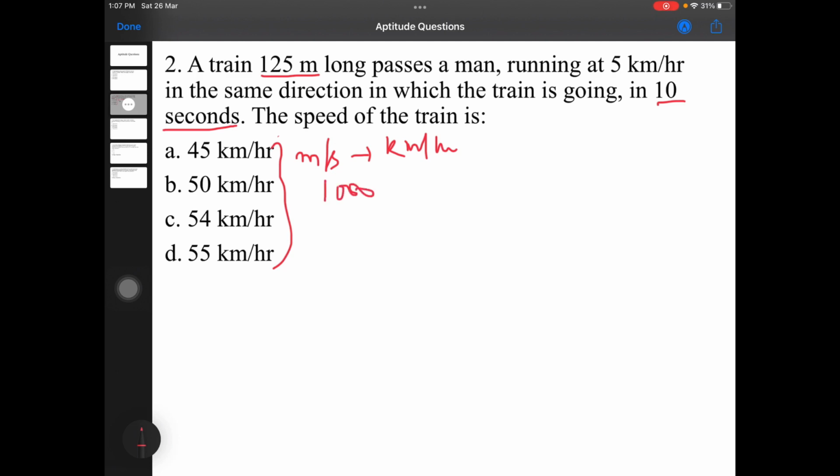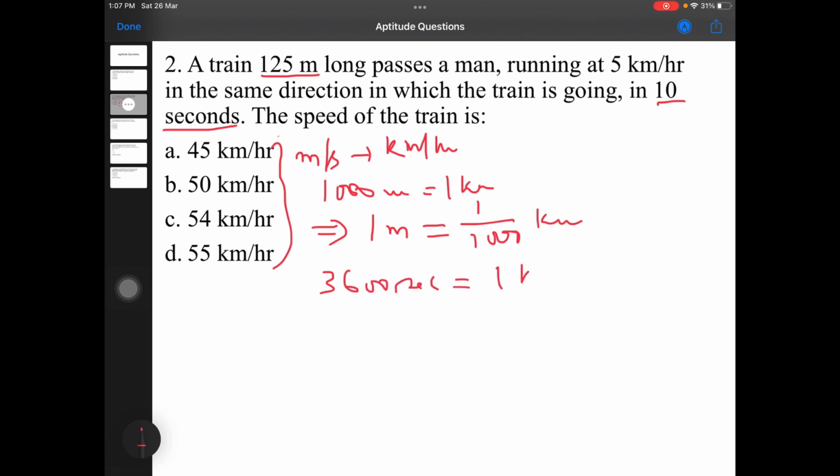We know that 1000 meter equal to 1 kilometer. So 1 meter will be 1 by 1000 kilometer, and 3600 seconds equal to 1 hour. From here 1 second will be 1 by 3600 hour.